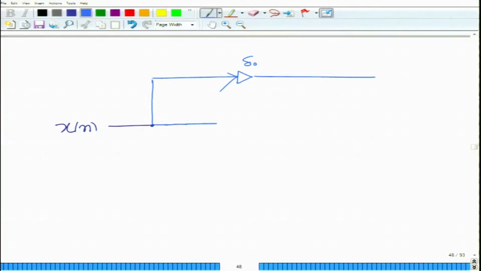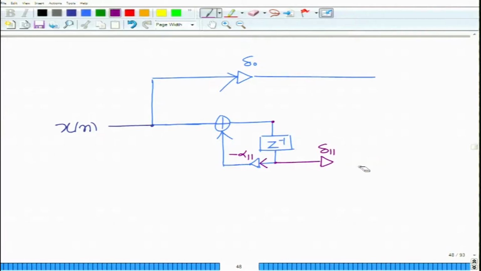Then you have a middle branch that is the delay z inverse, and then you have your term minus alpha 1 1, and here you have the gain delta 1 1. Because it is delta 1 1 z inverse, that is the factor.